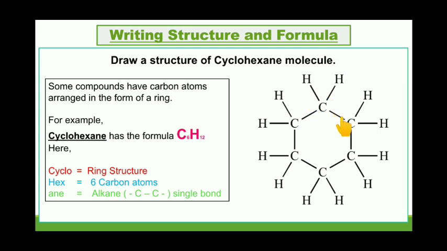Now if you show 4 lines appropriately around each carbon atom, then you can join 2 hydrogen atoms with each carbon atom. By this, you will get the structure of cyclohexane. Now does it satisfy the molecular formula C6H12? Yes. C6H12. This is the structure of cyclohexane molecule.